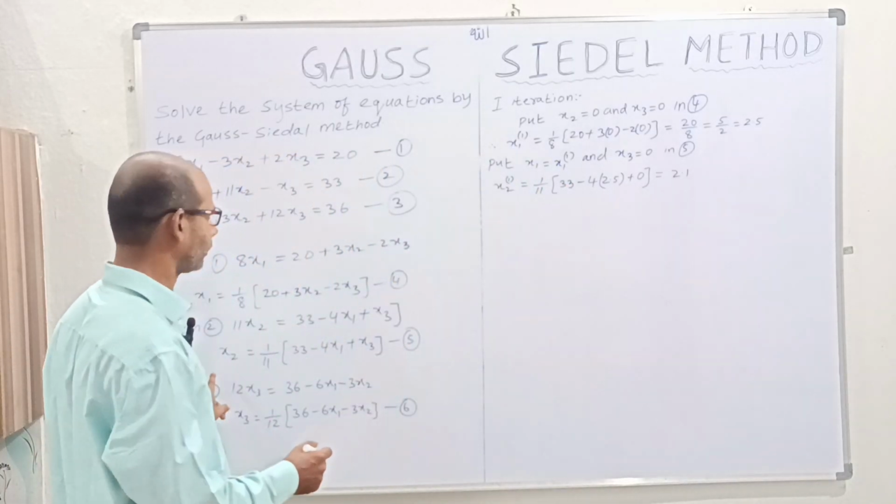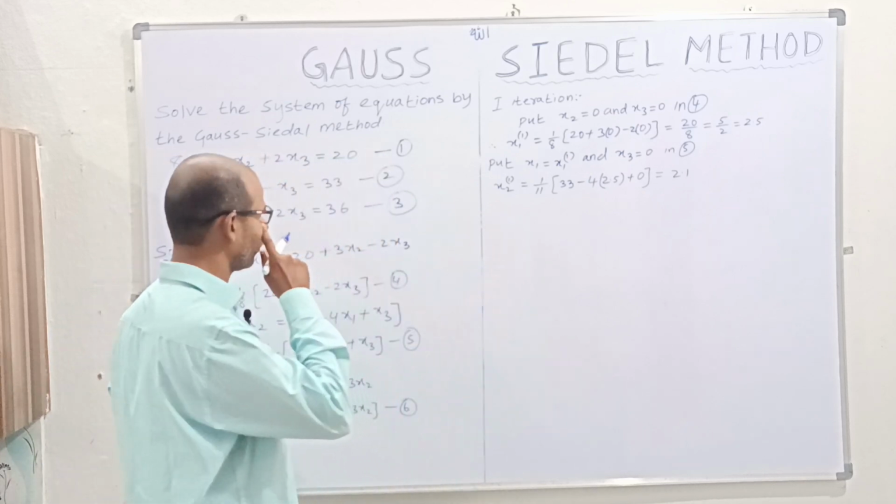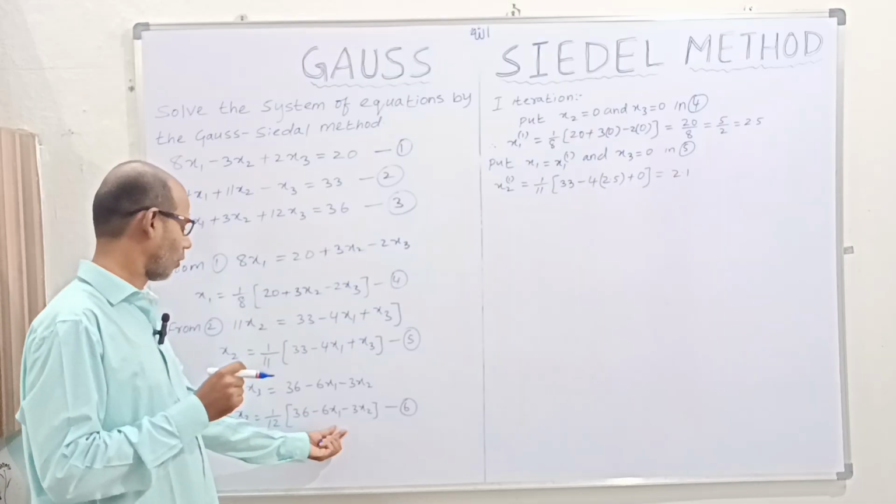Now similarly, next we have to find x3. For x3, here we have x1 and x2.